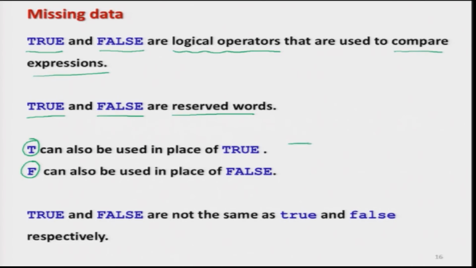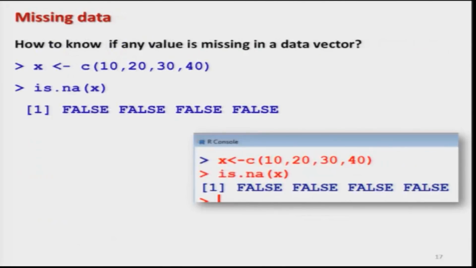Remember, TRUE and FALSE have to be written only in capital letters. If you write them in small letters, or even if a single letter in these words is small, R will not consider it a logical operator. So small true and small false are not the same as TRUE and FALSE in capital letters.